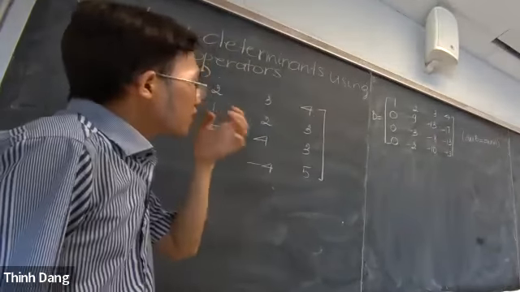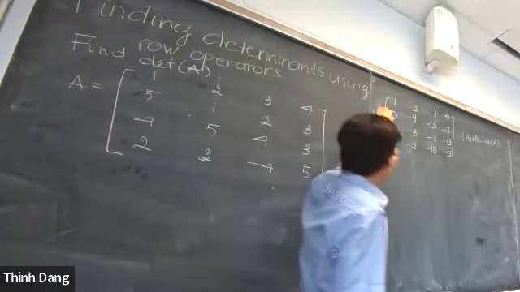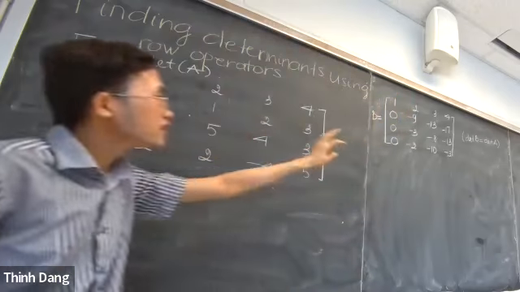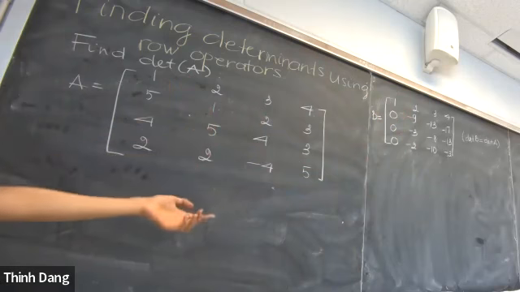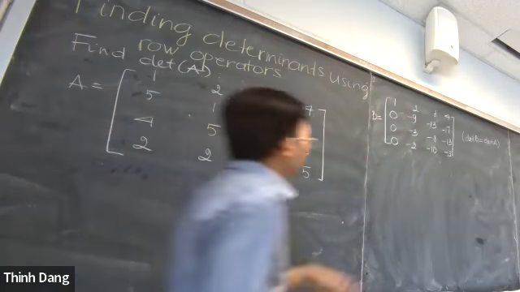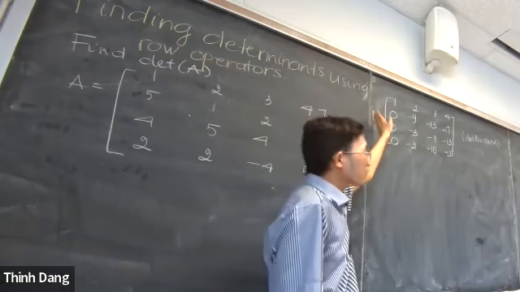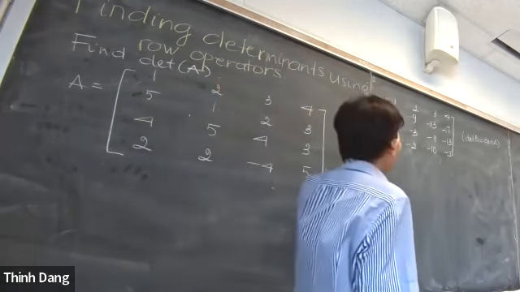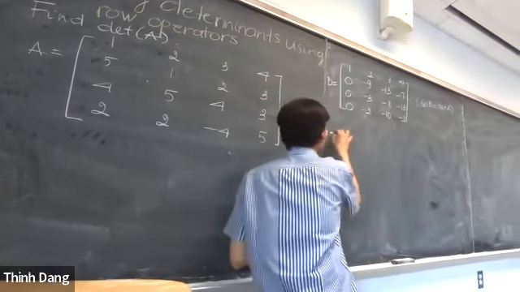As you can see, matrix B has three 0 entries here, right? So obviously, the matrix B is a lot easier to calculate the determinant of compared to the matrix A. You can start using the Laplace expansion here to find the determinant of the matrix B, or you can continue using row operations to make a lot more entries become 0, which I'm going to do right now.